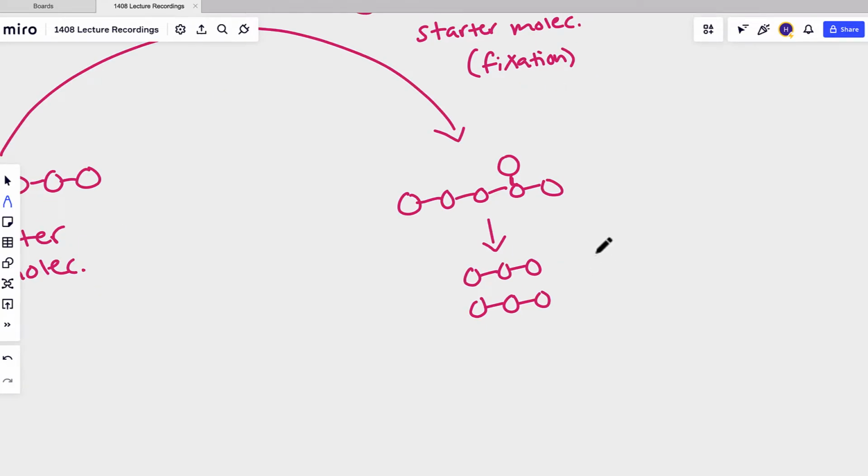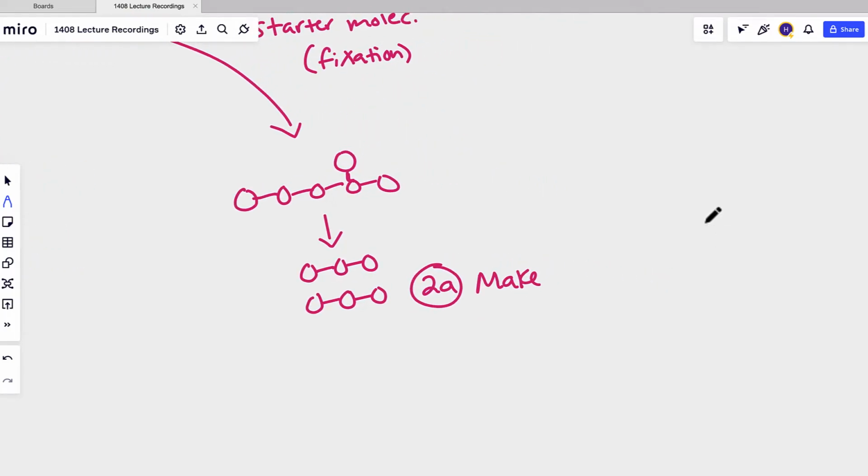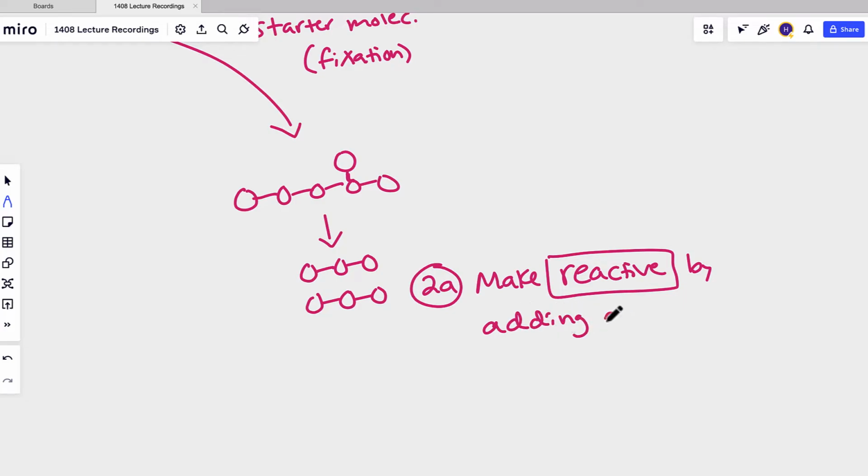Our next step is we said we also need to get the high energy. We don't want to just build carbon skeletons, we need to get high energy. So in order to do that, the first thing is that we need to make these molecules here reactive by adding a phosphate.